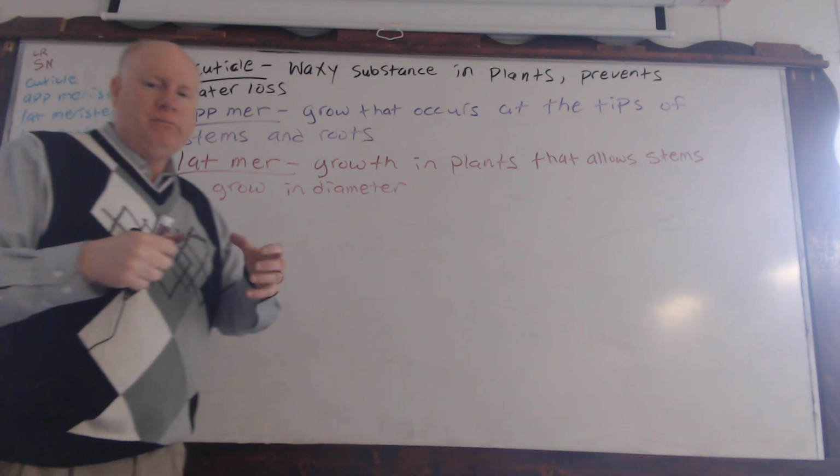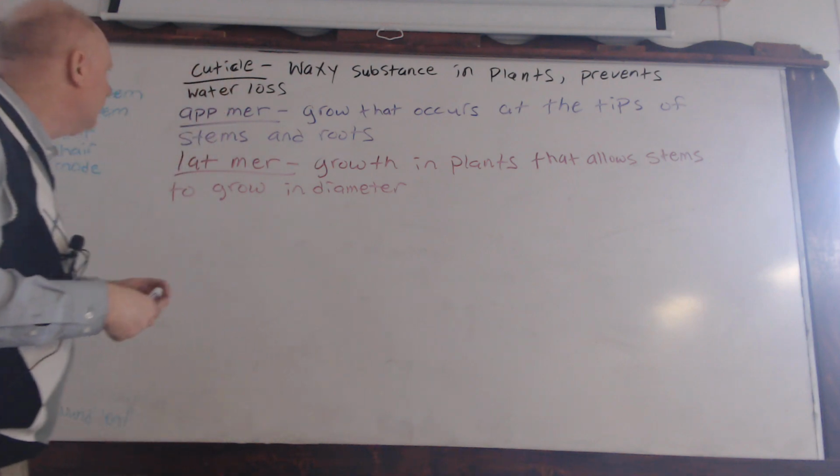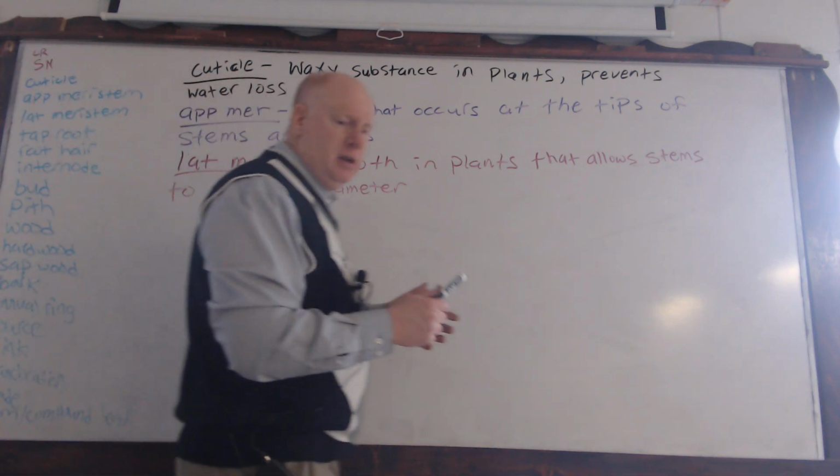That's how roots grow bigger in diameter, how stems grow bigger in diameter. That's the lateral meristem, and of course the apical meristem occurs at the tips of roots and stems.